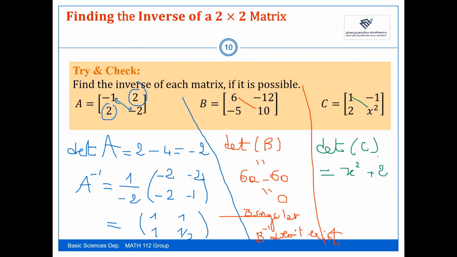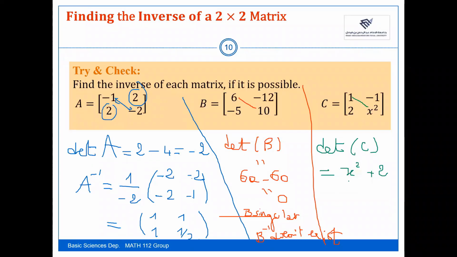شو رايكم في الديترميننت هذا؟ هل ممكن يكون 0، x سكوير بلس 2؟ متى x سكوير بلس 2 is 0؟ نحل المعادلة يا دكتور ولا ما؟ اي حل x سكوير بلس 2 equals 0. حل المعادلة. متى؟ جذر ما اثنين. ما في.